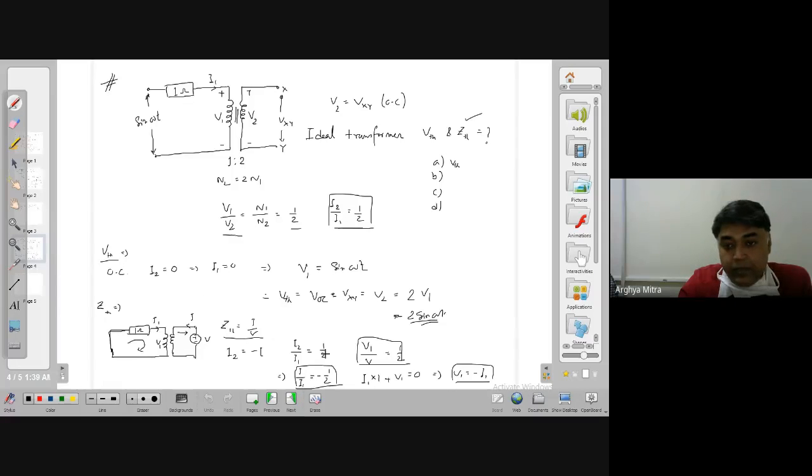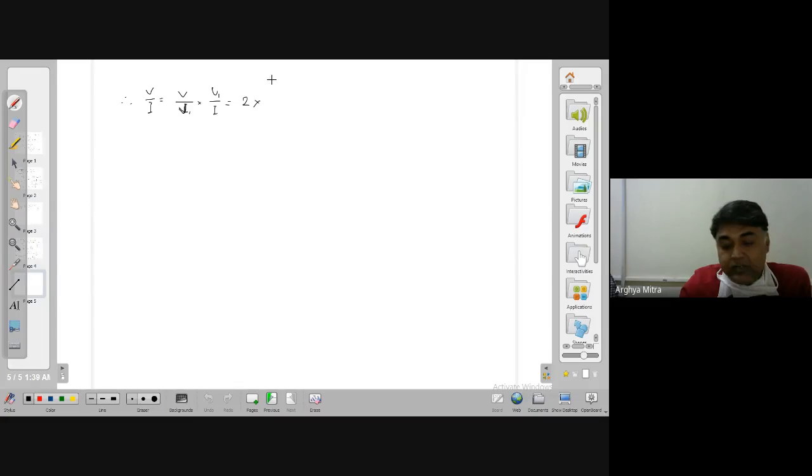And V1 by I1 I know is minus 1, and I1 is equal to minus 2I. So this is equal to 2 multiplied by minus I1 by I, which is 2 multiplied by 2.